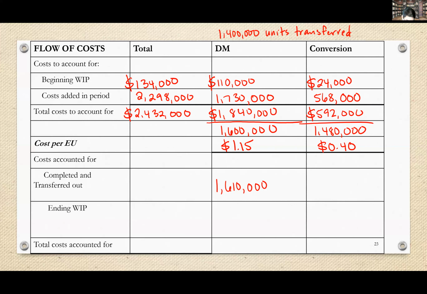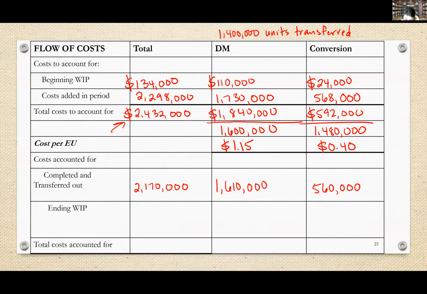So 40 cents for our conversion cost. So I'm going to take 1.4 and I'm going to multiply that by the 40 cents. And when I do that, I have 560,000. When I add these two together, the 1,610,000 plus the 560,000, I have 2,170,000. So the cost, as you know, remember we have a total of 2,432,000 that we have to account for.